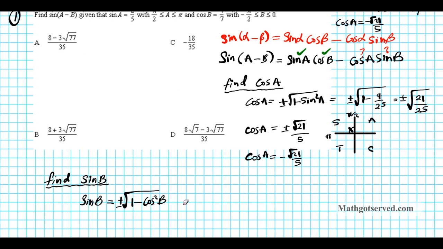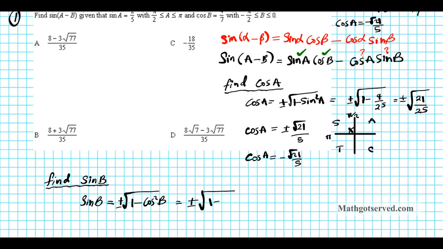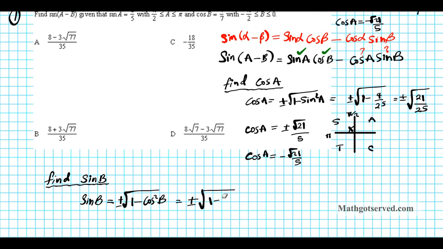So that's another identity. So let's evaluate what this expression is when we substitute the value of cosine. So it's going to be plus or minus 1 minus cosine B, which is 4 over 7. So if we square that, it's 16 over 49.